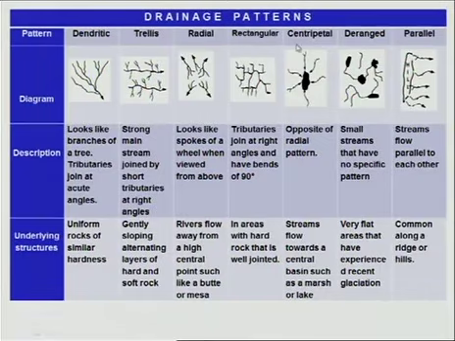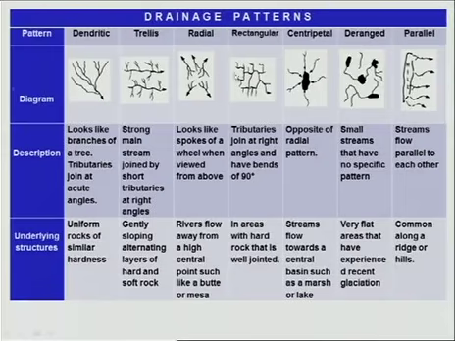You've also got your centripetal, your deranged, and your parallel. When you study stream drainage patterns, I would suggest that you make yourself a table like this on one page, right? And see if you can study it like this, because you've got all the facts on one page. Have a look at this. There are your different patterns, right?